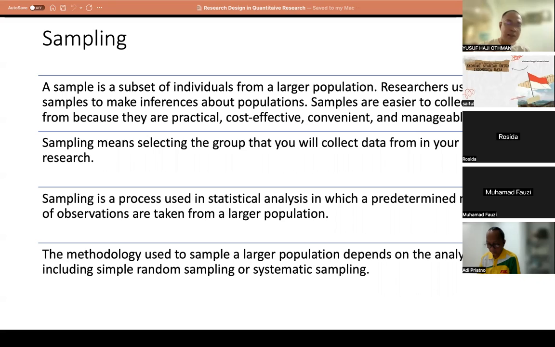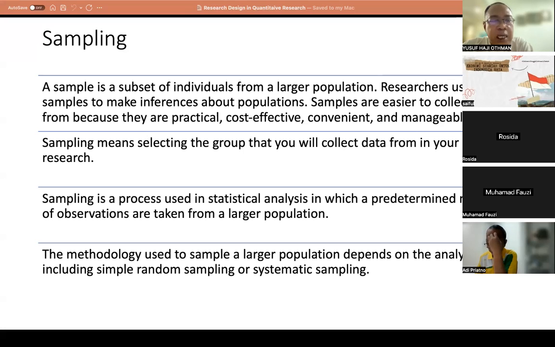So samples are easier to collect data from because they are practical. Yeah, the sample size is small, for example, 400, which is manageable. Yeah? So how we choose the sample size will be discussed later. Samples are practical, cost-effective, convenient, and manageable. Sampling means selecting the group that you will collect data from in your research.